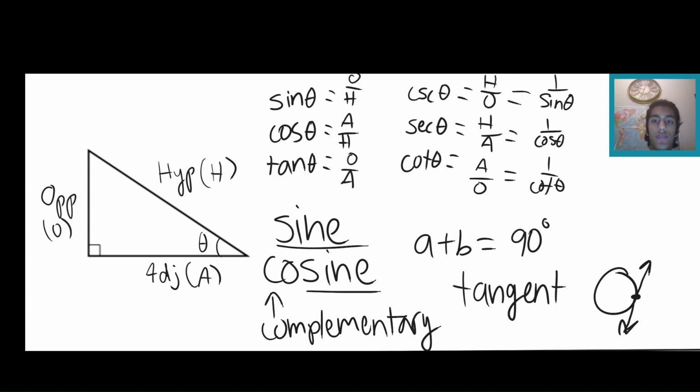Cosecant again has that word co, which is again complementary to secant. And cotangent is quite the same. It's complementary to tangent. And you'll see there's a kind of, how should I say, reciprocal symmetry here.